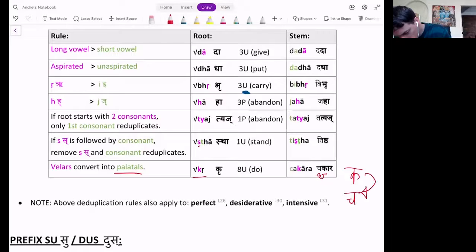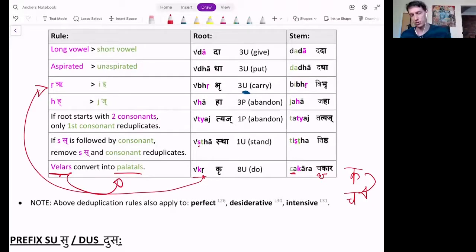Velars into palatals. Kr is irregular, so this is why it's kara. You expect this r to follow the rule and be something like ki, but it's not. Chakas is your regular example.